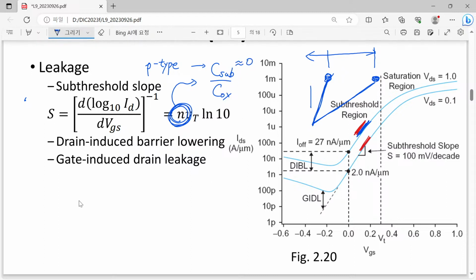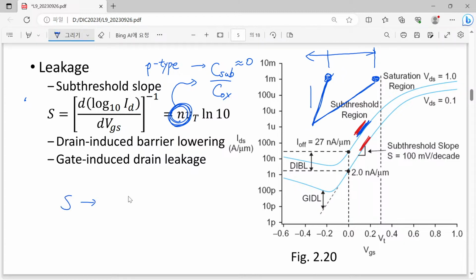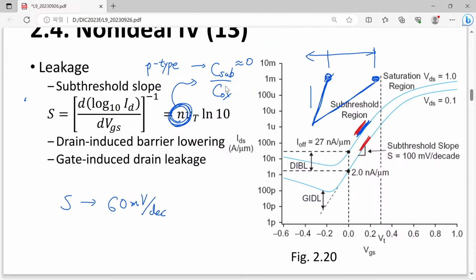So our subthreshold slope will approach its best value, 60 mV per decade. On the other hand, if we have a certain substrate which is not fully depleted, then our n value will always be larger than 1. So we will have a degraded subthreshold slope for our planar MOSFET.